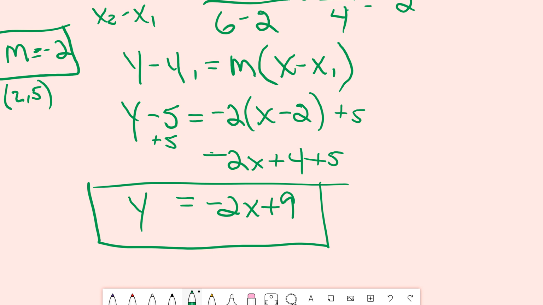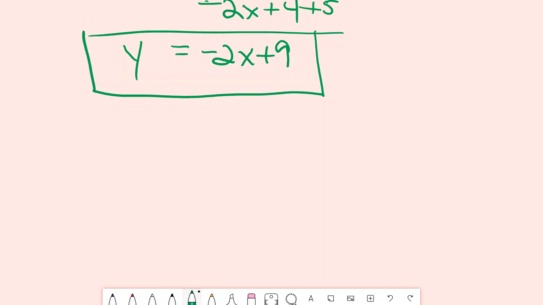Standard form of the equation of the line. All right, let's do that one. I'll give you some extra practice here. If I want to change this to be in standard form, then standard form, remember, was ax plus by equals c.